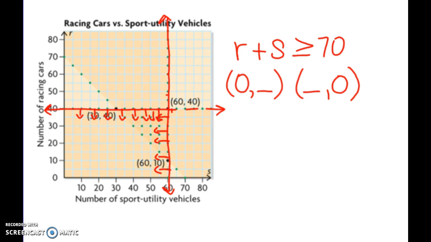So in this case, when I talk about x, I'm referring to r. Okay, so, or sorry, if I'm talking about x, I'm talking about s, because here's our x line and we're talking about sport utilities.